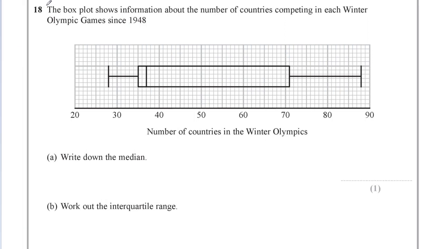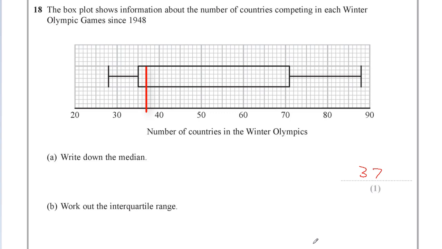Question 18. A box plot shows information about the number of countries competing in each Winter Olympic Games since 1948. Part A. Write down the median. That's all fairly straightforward. That's just this line here. And we can read that directly off as 37. Okay.